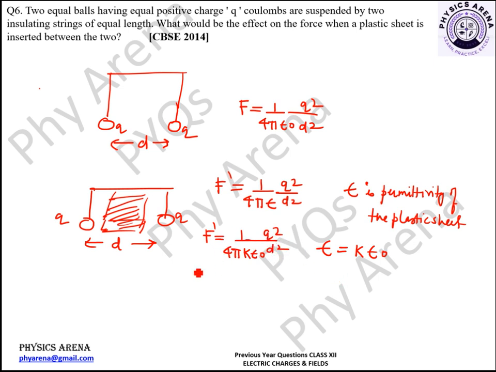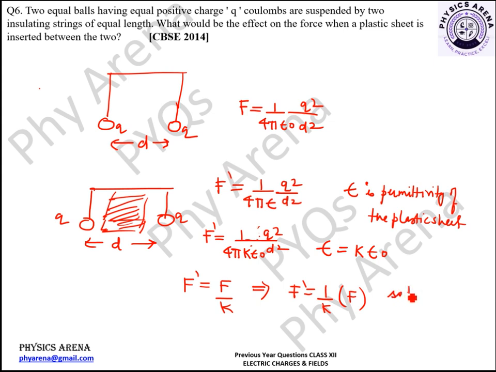And if I rearrange it, I can write f dash is equal to f upon k, because every other thing, that is 1 upon 4 pi epsilon naught q square divided by d square, is equal to f. So f dash has become 1 upon k times f.